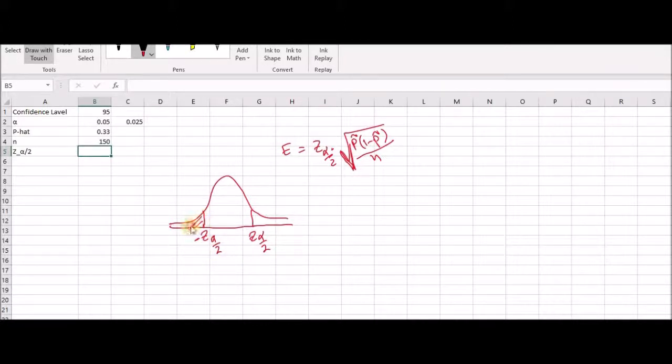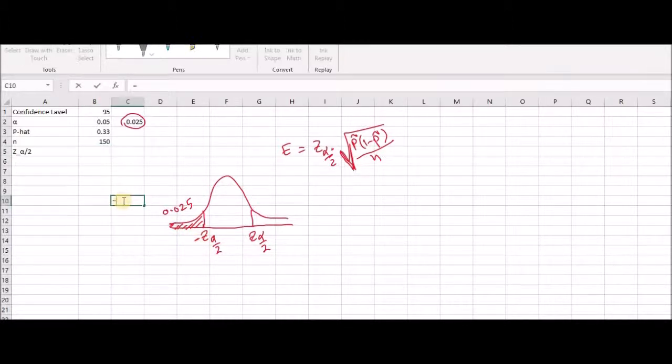So the region here in the tail is alpha divided by 2, and I found alpha divided by 2 to be 0.025. So to find this number, I know the area to the left of that number, so I'm going to compute that number, and then z sub alpha divided by 2 will be the same as this number except for the positive number, not the negative one.